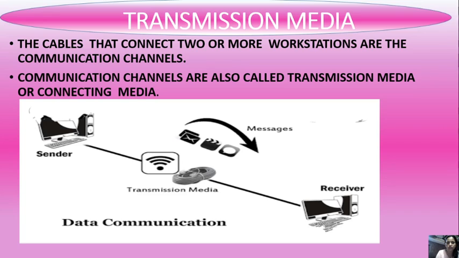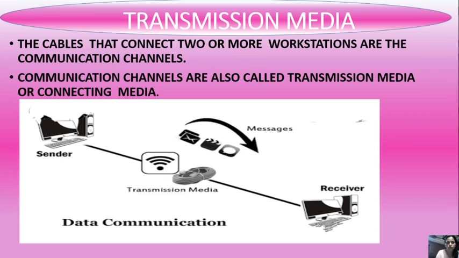So from sender to receiver we can send messages via transmission media. This transmission media can be wired or wireless. So in this video we are going to discuss wireless transmission media, that is radio wave.